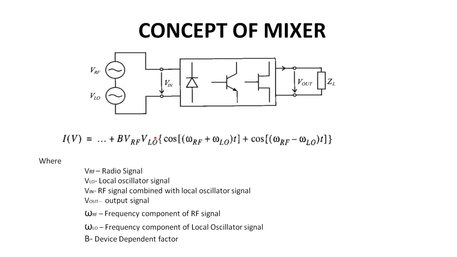V in is the RF input signal, that is the combination of VRF and VLO. V out is the output signal. Omega RF is the frequency component of the RF signal. Omega LO is the frequency component of the local oscillator signal. B is the device dependent factor. In this equation, we are getting two components: one is the sum of frequencies and the other is the difference of frequencies.